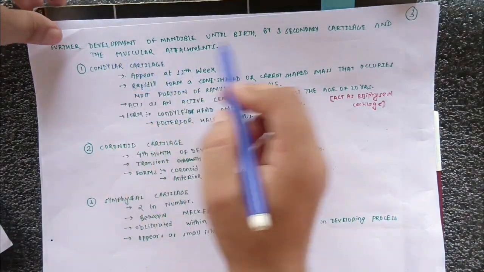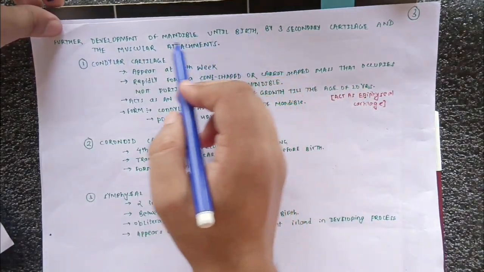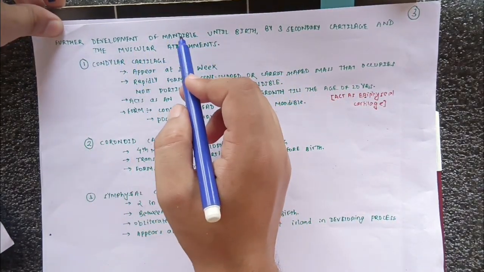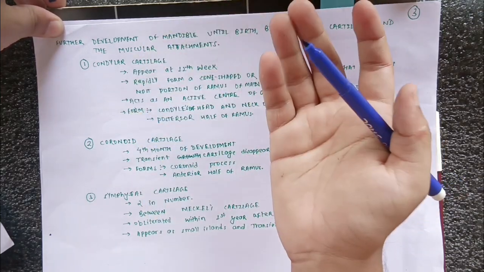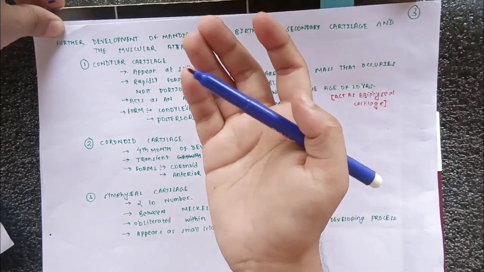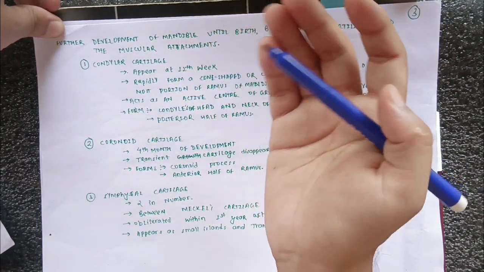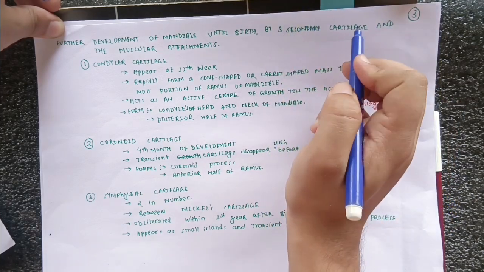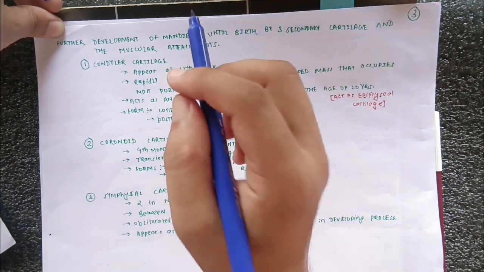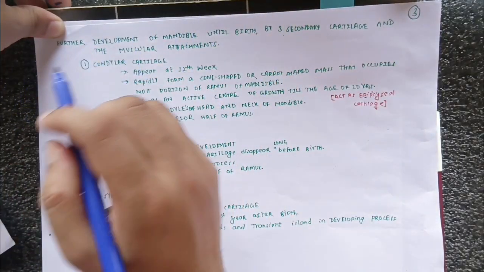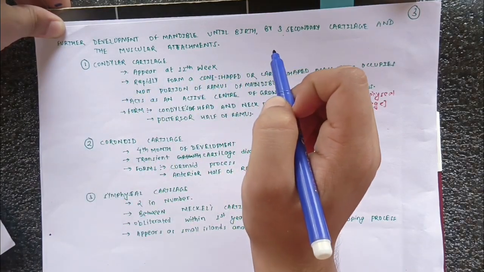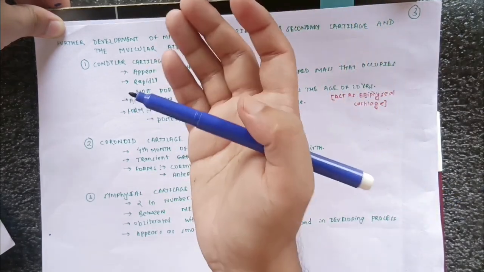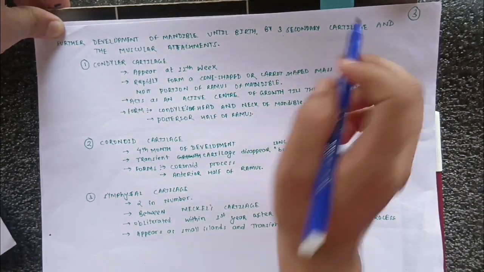After the 10th week, there is development of the mandible by the 3 secondary cartilages, and there is formation of the secondary ossification centers. So there are 3 secondary ossification centers on those 3 secondary cartilages.